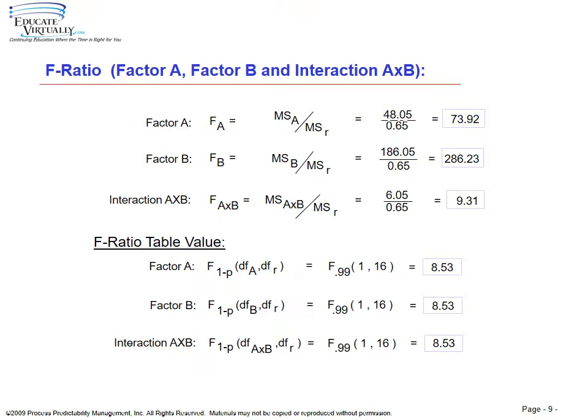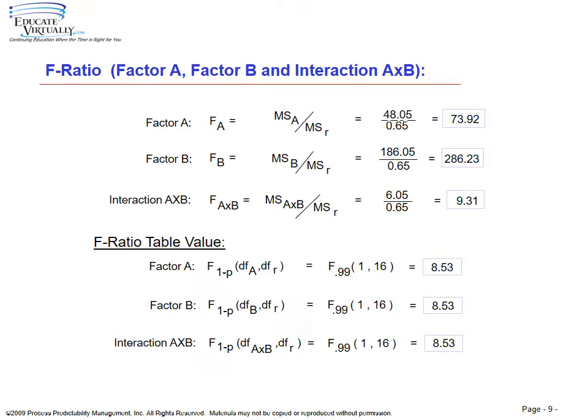So we look up the table, and for 1 degree of freedom per factor and 16 degrees of freedom for the residual, at a 99% confidence, or a p-value of 0.01, we see that the F ratio has a value of 8.53. We're going to compare that value from the table against the ones that we calculated.